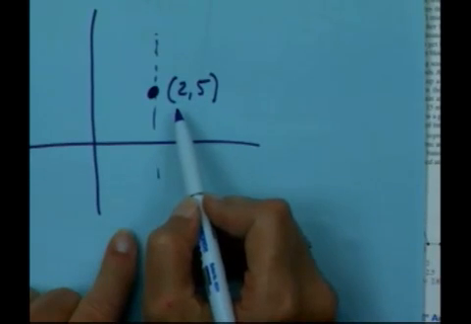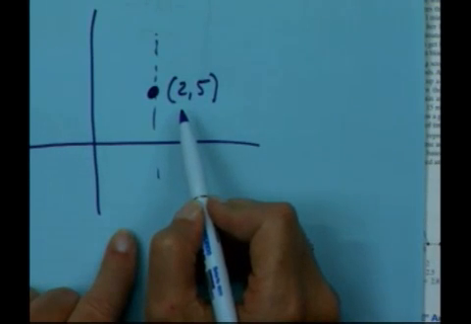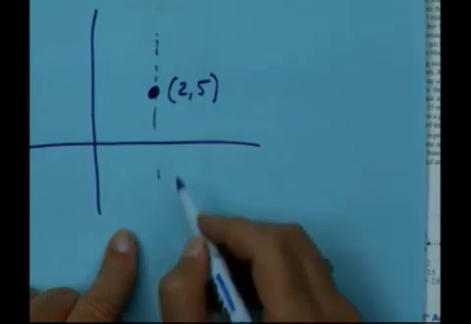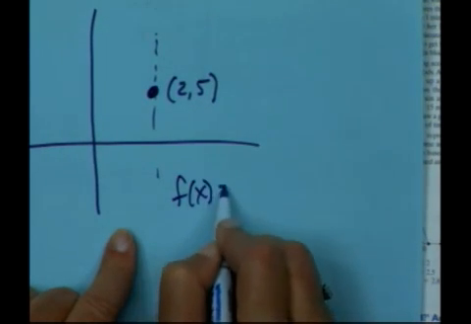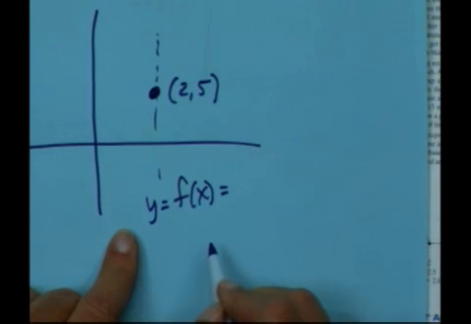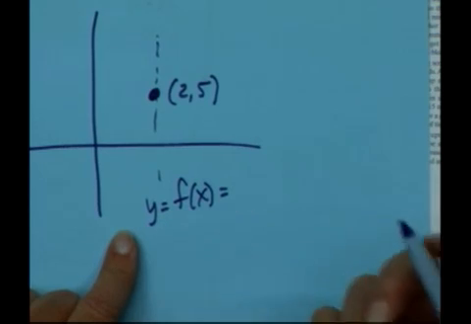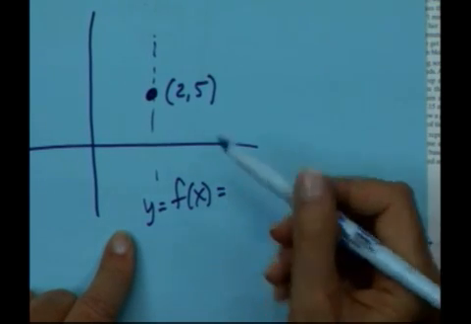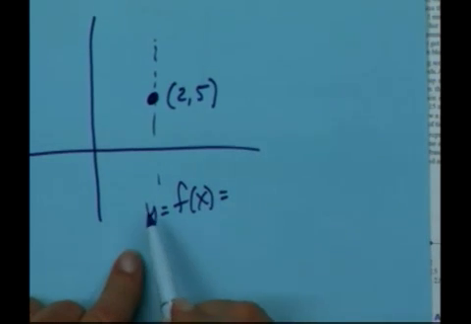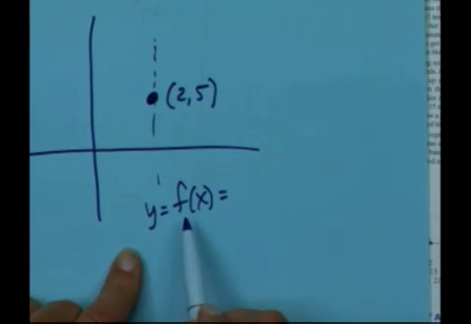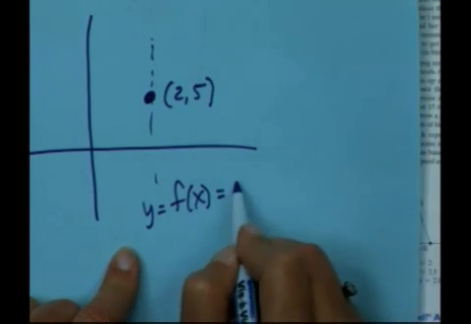All right, let's see if we can write the equation for this function that turns out to be a point. Functions usually start out as f of x equals. What does f of x equal? Remember, y is the function of x, so it's 5.